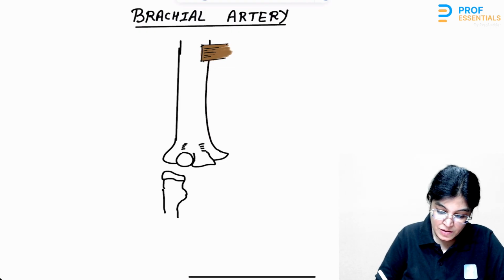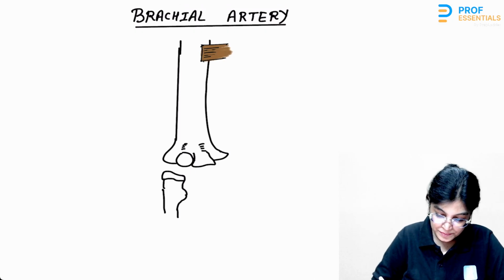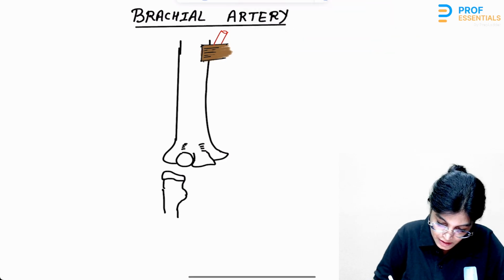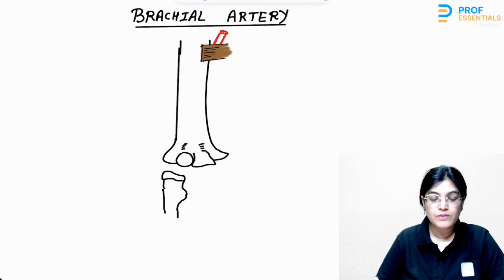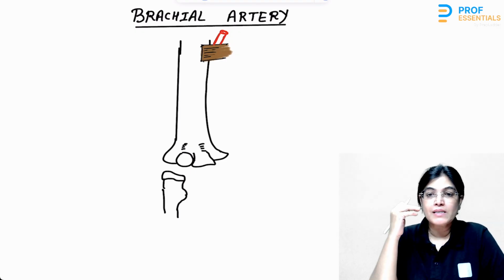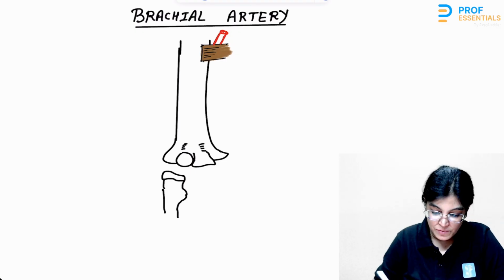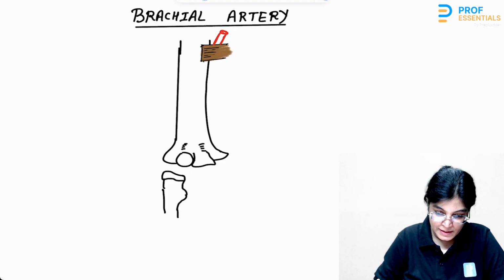Now we'll talk about the artery. This is the artery. Above the teres major muscle it is axillary artery, and below it it becomes brachial artery. So basically it is the brachial artery.